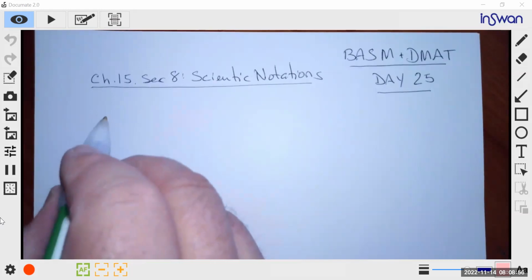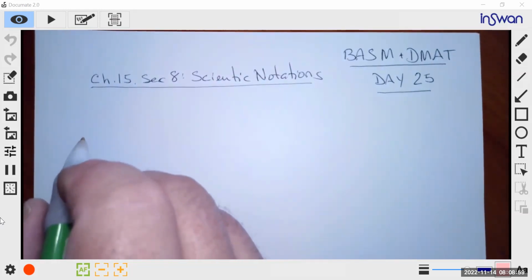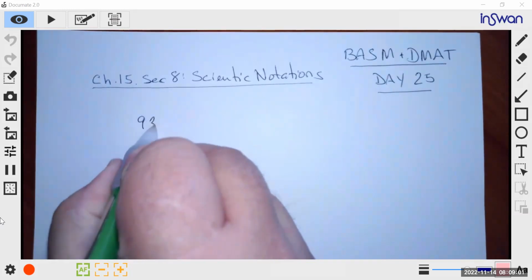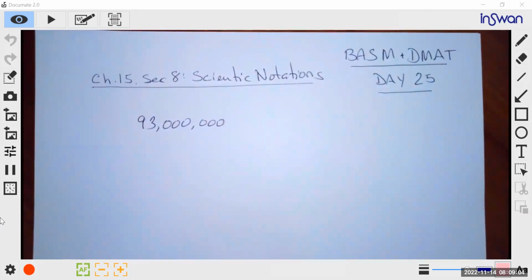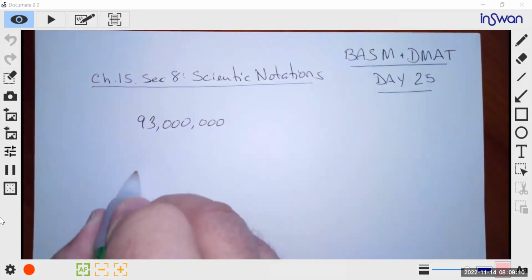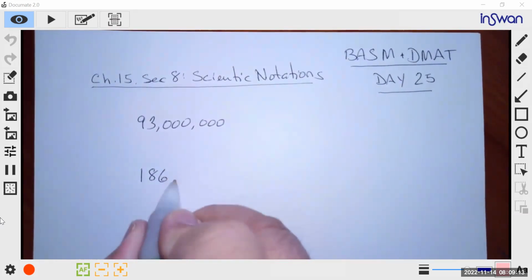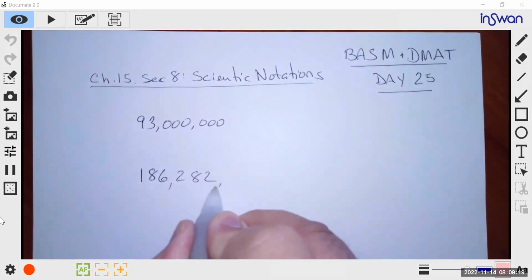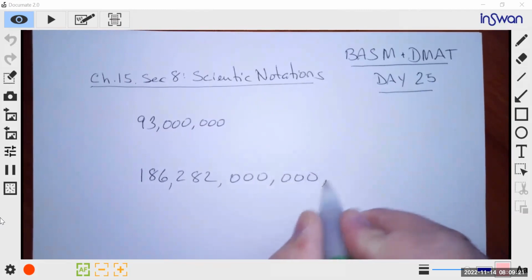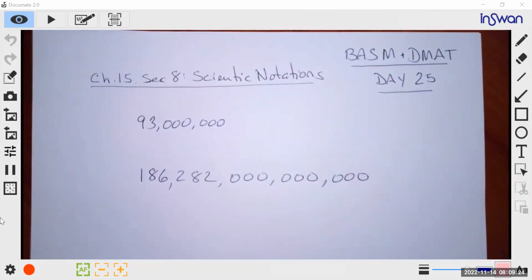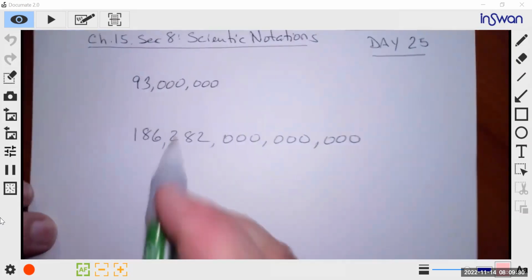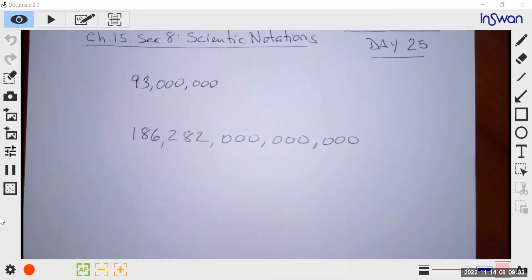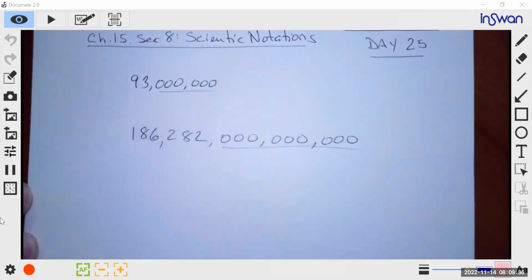For example, the distance between the Earth and the sun is 93 million miles, and the speed of light is 186,282 miles per second. So imagine multiplying these two together. It'll be a very, very big number with a whole bunch of zeros everywhere.